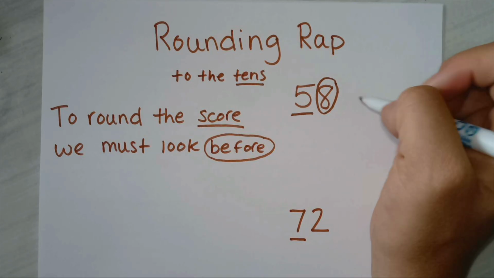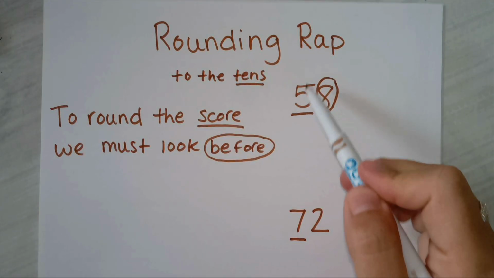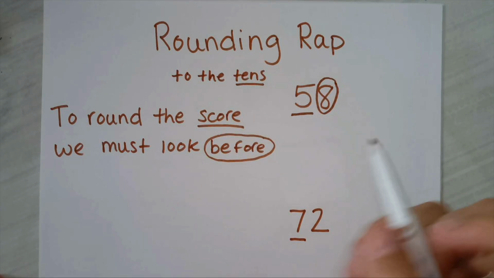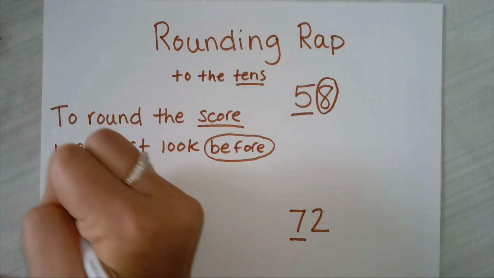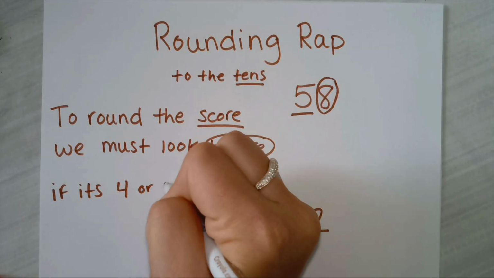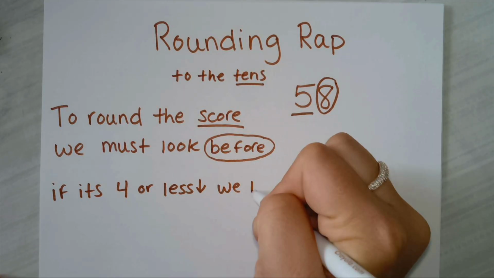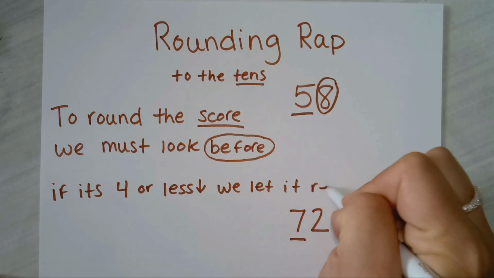Well, to know what I do with that, I got to know the next part of the song. So to round this score, I must look before. If it's 4 or less, we let it rest.